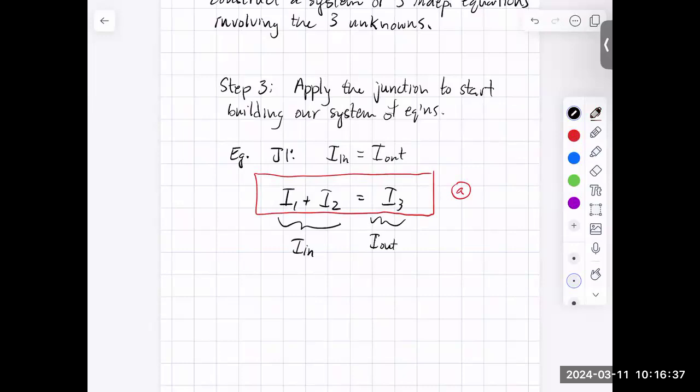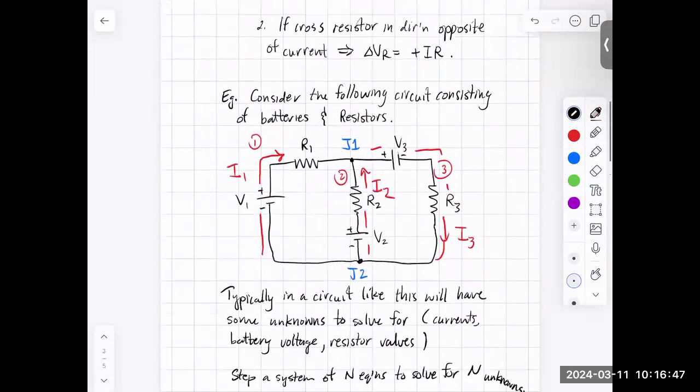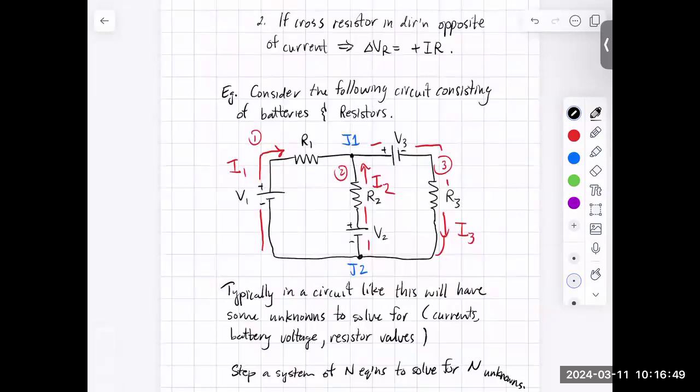All right, now, of course, we have a second junction. And so let's take a look at what happens if we examine J2. So we go back down, J2. So the current I1 is flowing away from J2, as is I2. So I1 and I2 combine to make the I out for the second junction.